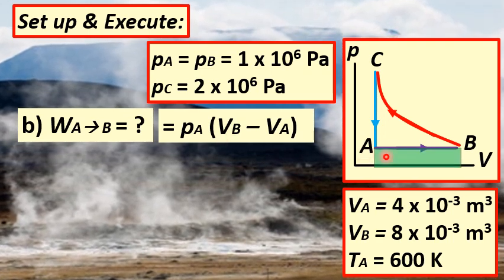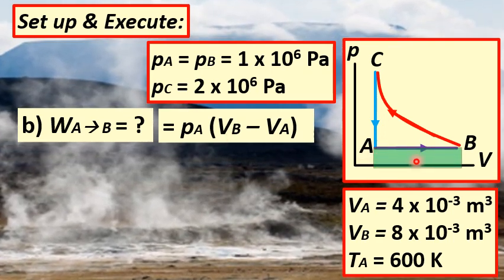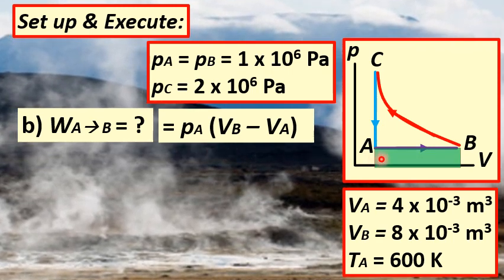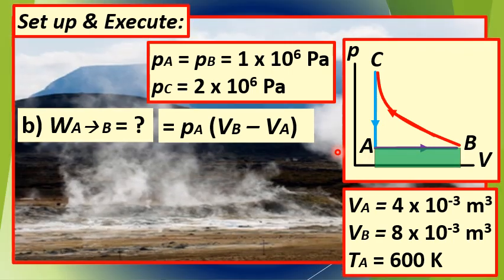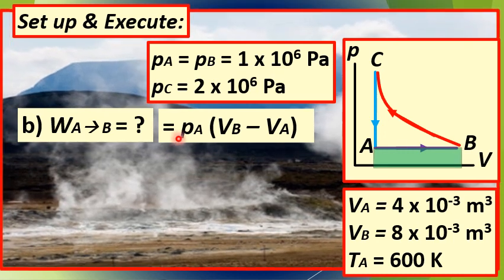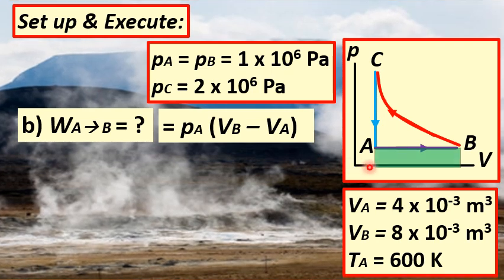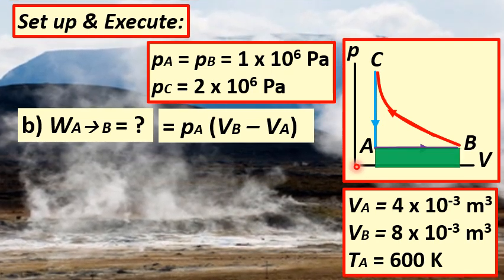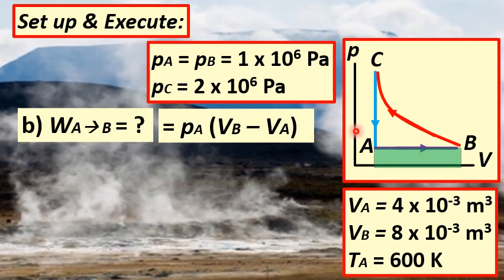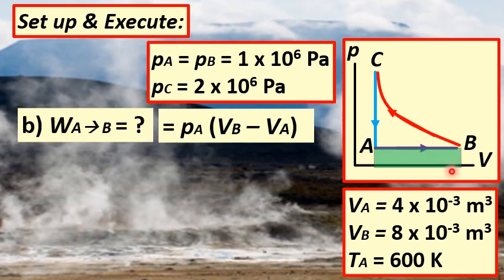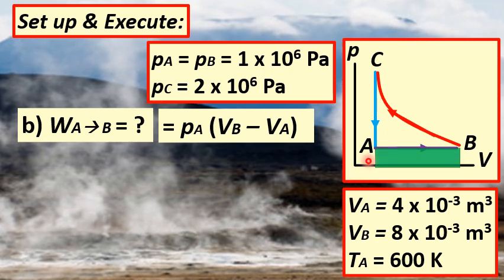So, the width of this rectangle represents the difference in the pressure, which is actually just equal to the pressure P sub A, because it's understood that the intersection of the P axis and the volume axis is 0.